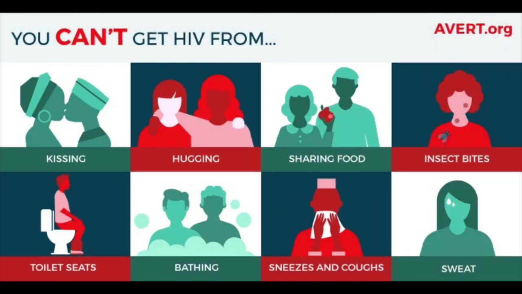So I'm just showing you ways that you cannot get infected. When HIV first became an epidemic, there was a common misconception that you can get it from kissing and hugging and food sharing and insect bites and all of these things, but that is not the case.